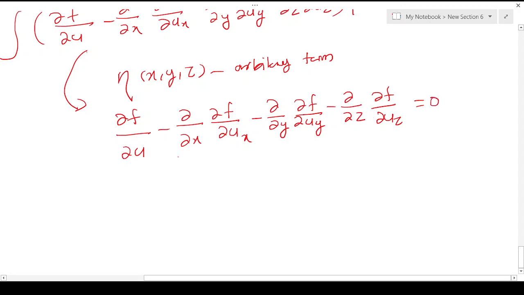This is the Euler equation, Euler's equation for the three independent variable case.